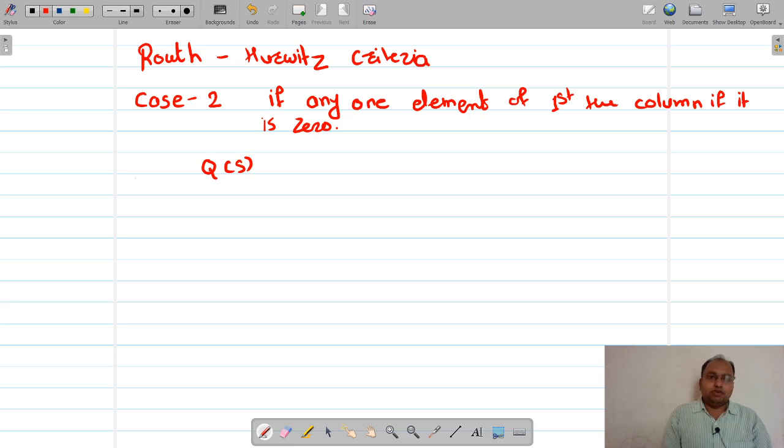Let us say q of s is s raised to 4 plus s cube plus 2s square plus 2s plus 5.